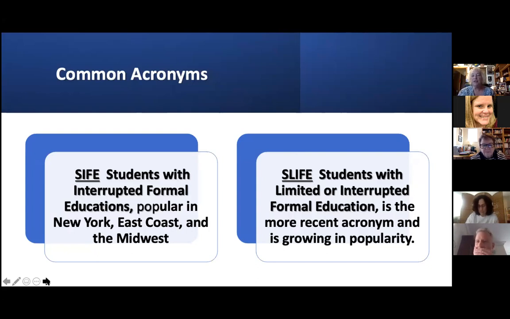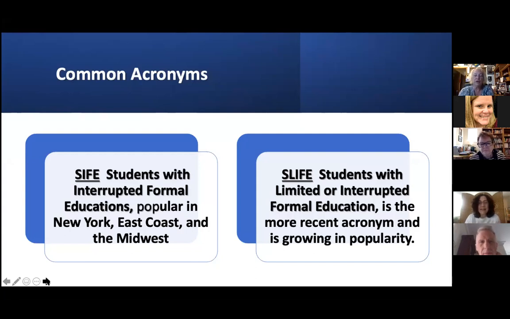And then in 2009, there was a book that came out by Andrea DiCaprio and a couple other authors, and she used the term SLIFE, Students with Limited or Interrupted Formal Education. So that's the term that's become more popular.